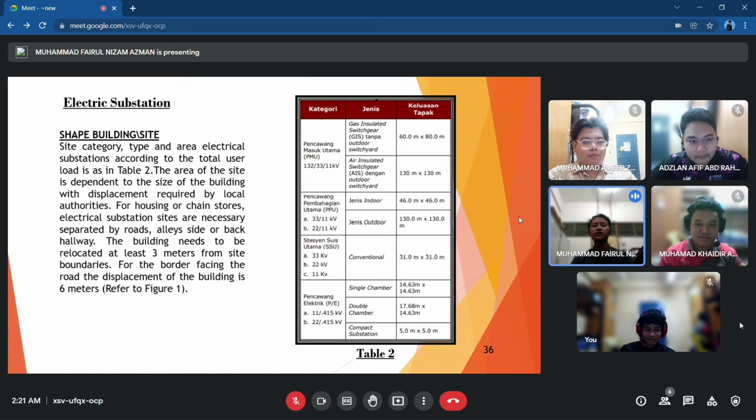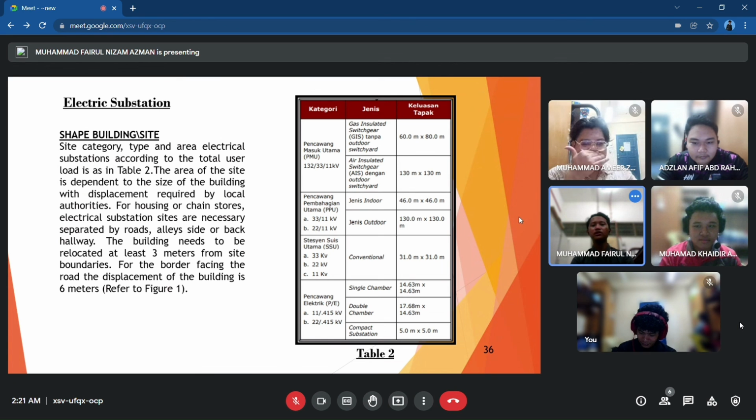For the electric substation building shape, the site category, type and area of the electrical substation according to the total user load is as in table 2. The area of the site depends on the size of the building, which setback is required by local authorities.